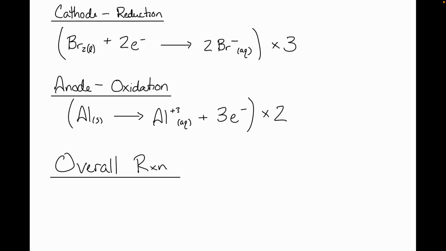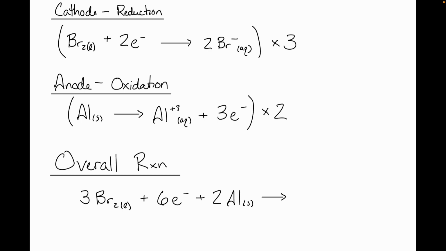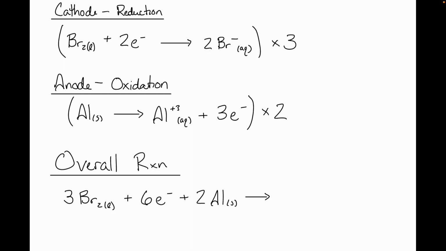So for my overall reaction, I get 3 Br2s plus 6 electrons and 2 aluminums. And then 6 bromide ions, 2 aluminum ions, and again, 6 electrons.